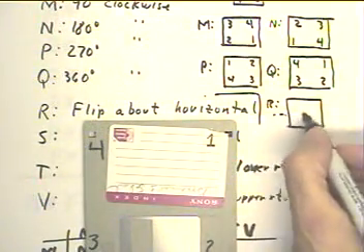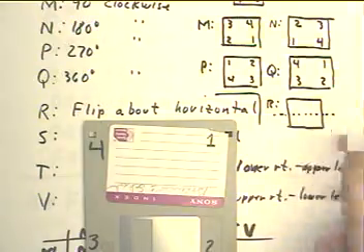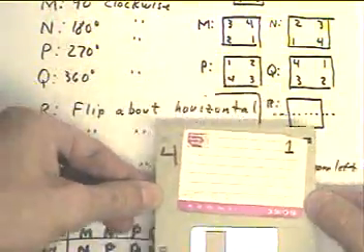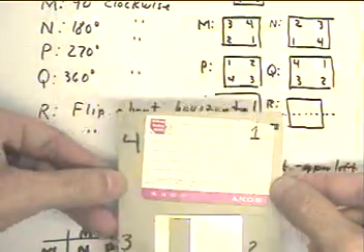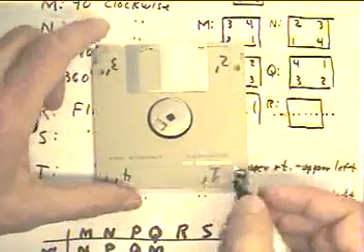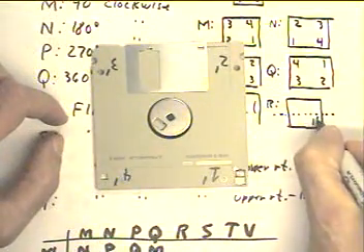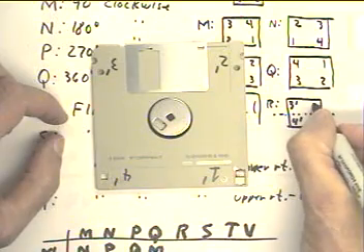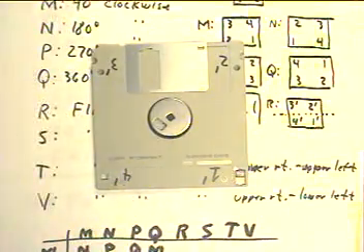So we imagine an axis passing through the disc in the horizontal direction. If we grab the disc at the ends of that axis, or where the axis touches the edges, and flip it, we see that we get over onto the other side with 1 prime, 4 prime, 3 prime, and 2 prime.